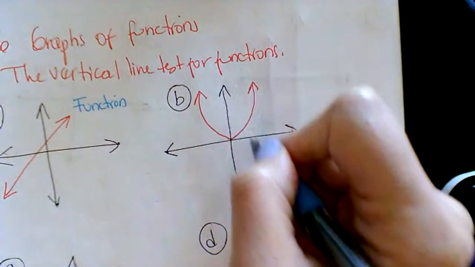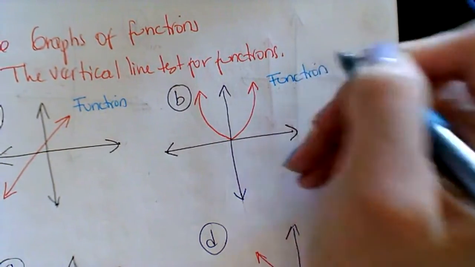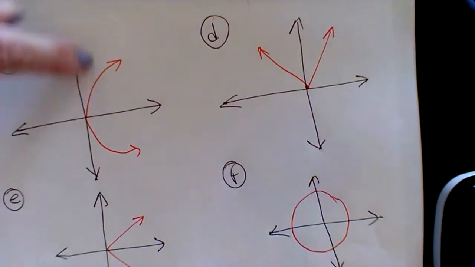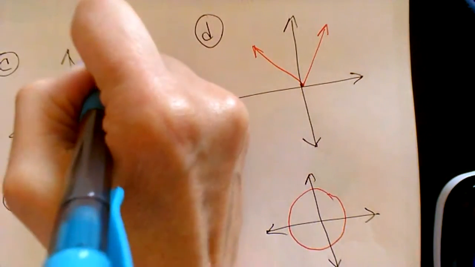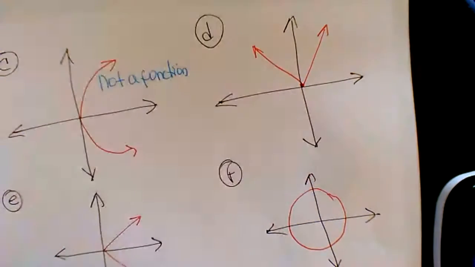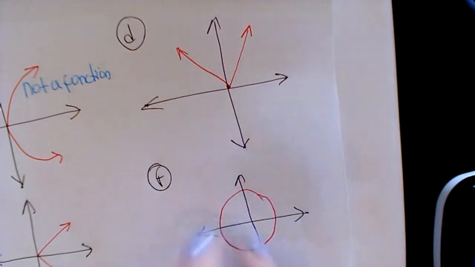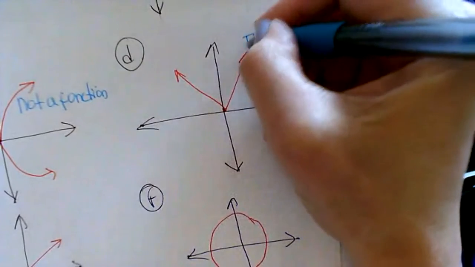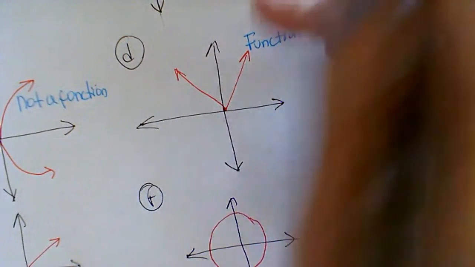Now, here, vertical line, it is a function too. Now, what happened on this one? When I draw a line here, it's going to cut it twice, right? So we're going to say not a function. We are almost done there. Now, this one, when we draw a line, it is a function. It only cuts through the graph once.